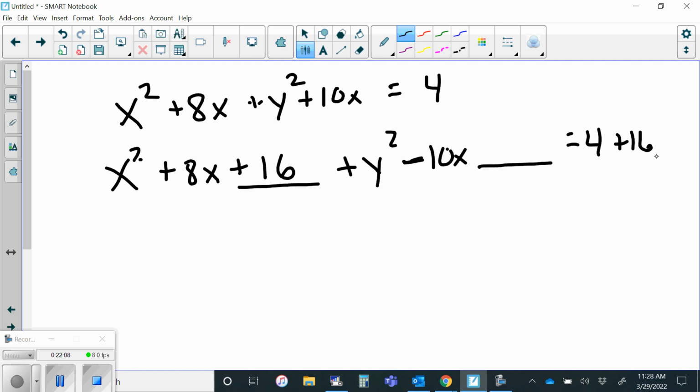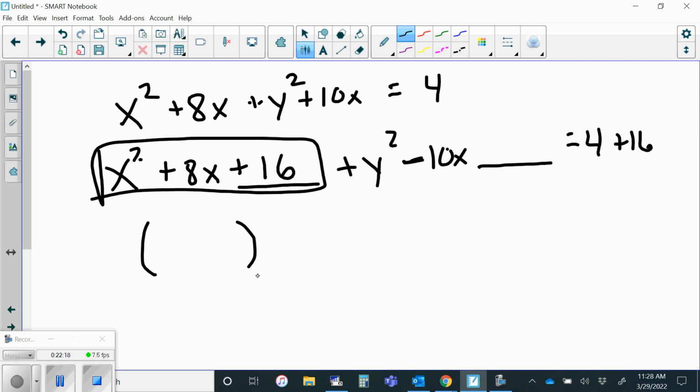Now, is it okay for me to add that 16 in there? And what was the whole purpose of that? This is now a perfect square, which I can change the way that it's written. And now I can write it like we did just a second ago. What can I write it as? X plus 4. Good. Remember, it's the square root of that. You following, yes or no?